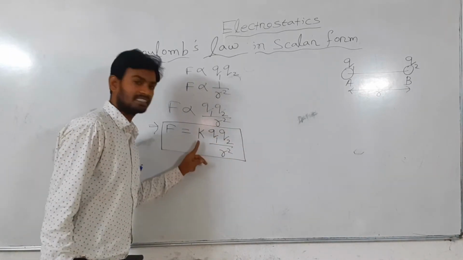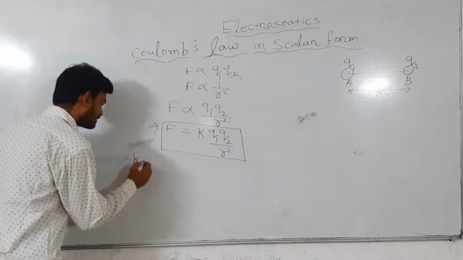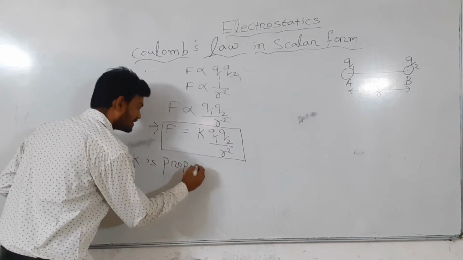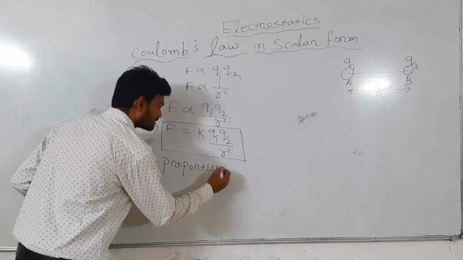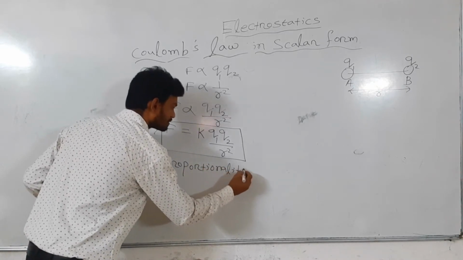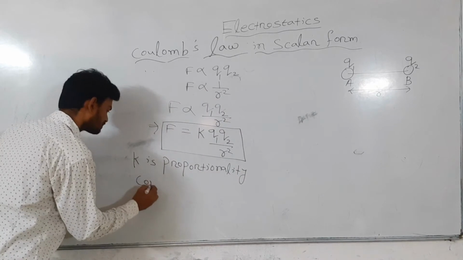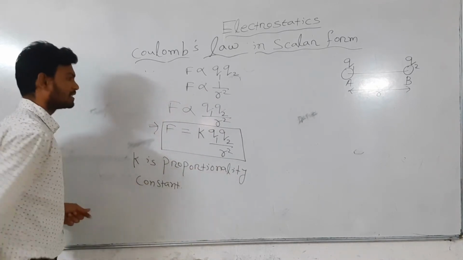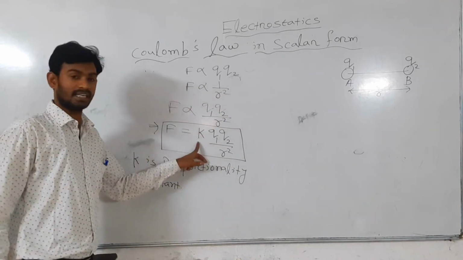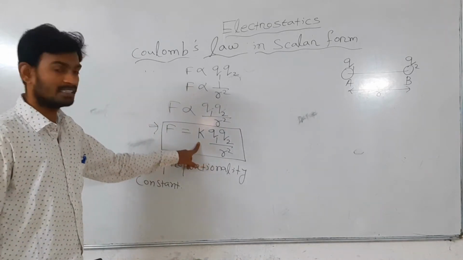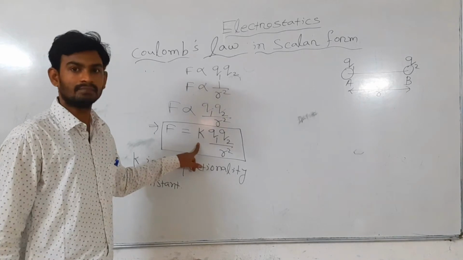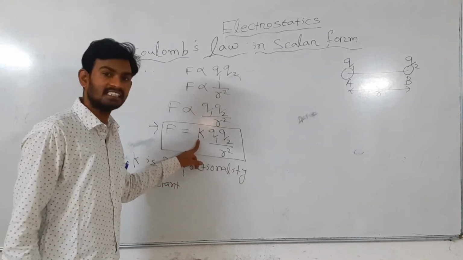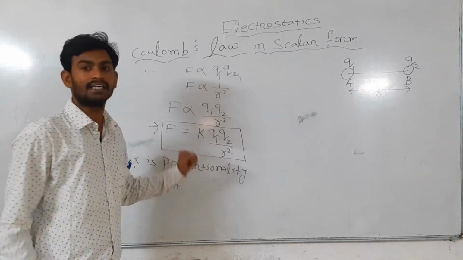Now this K is the proportionality constant. The value of K, in the SI system, is 1 by 4 pi epsilon, and in the CGS system the value of K is 1.